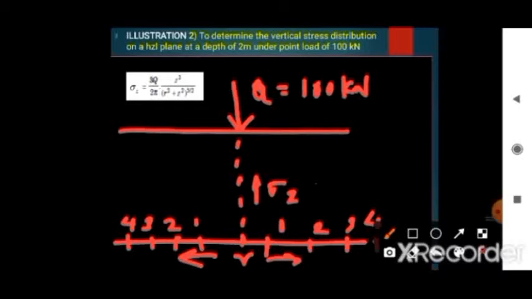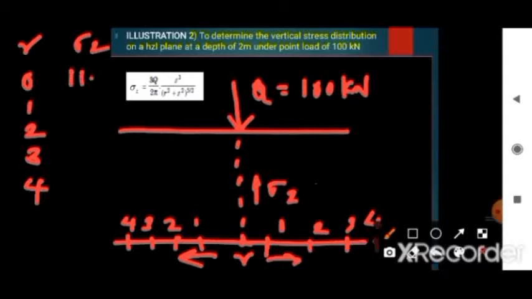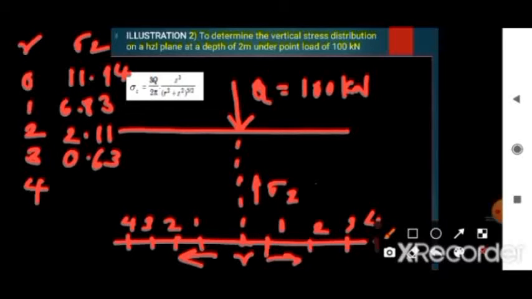For R values 0, 1, 2, 3, 4, the sigma z values are 11.94, 6.83, 2.11, 0.63, 0.21. 11.94 is the maximum value, 0.21 is the least among these.